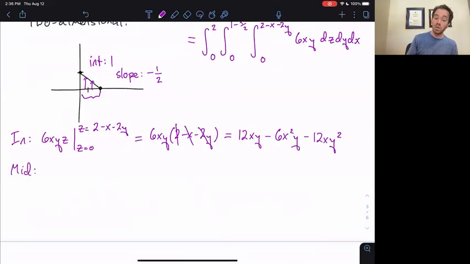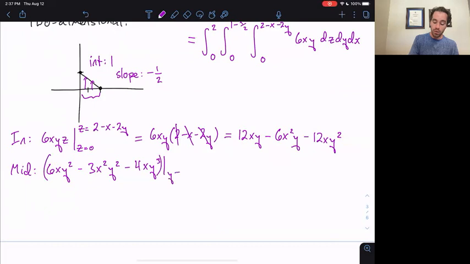Now for the middle, we're integrating here along y. So term for term, this will be 12xy squared over 2, or 6xy squared, minus 6x squared y turns into 6x squared y squared over 2, or minus 3x squared y squared. And minus 12xy squared would become 12xy cubed over 3, which would be minus 4xy cubed. And this will get evaluated at y equals 0 and 1 minus x over 2.